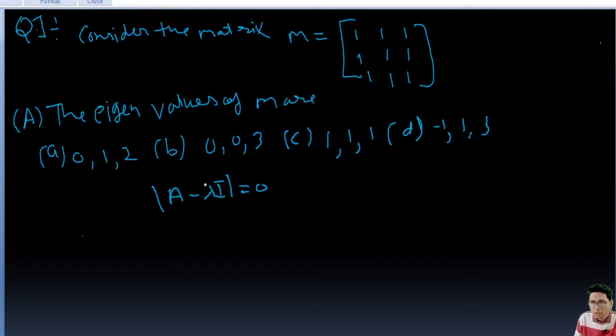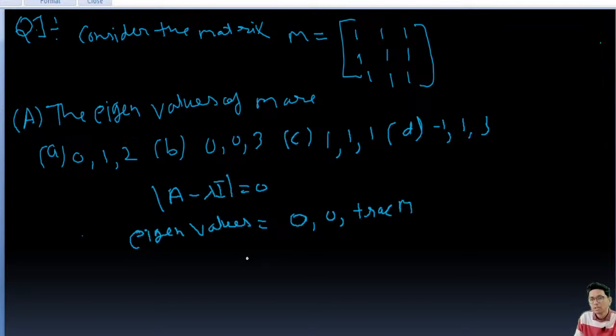if the rows and columns of any matrix are written in the form of integral multiples of any row and column, in that case the eigenvalues are, because it's a 3 cross 3 matrix, 0 comma 0 and trace of M. Trace of M means the sum of diagonal elements.